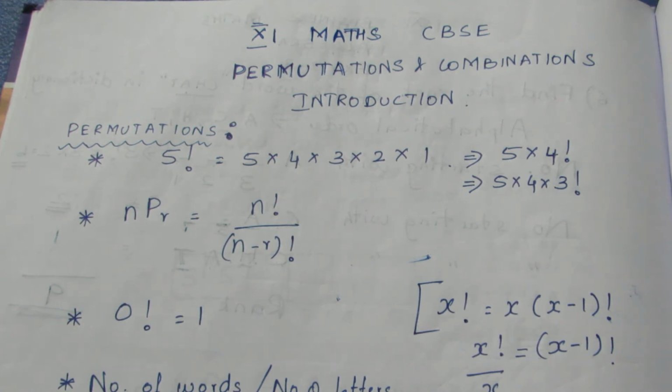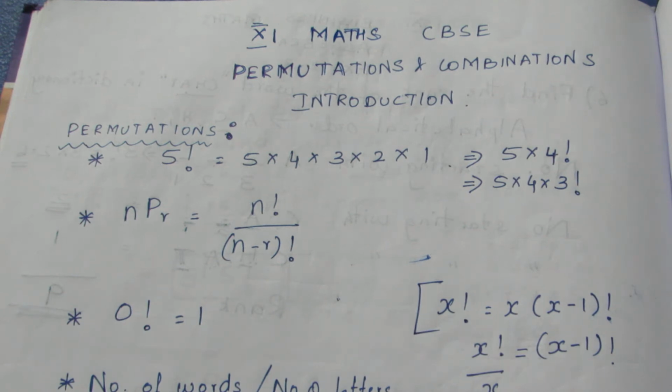But a permutation is a sequence of numbers or letters, whatever it is, and it should be in order. For example, I'm taking my secret locker number to be 543. 543 is just a combination of three numbers.